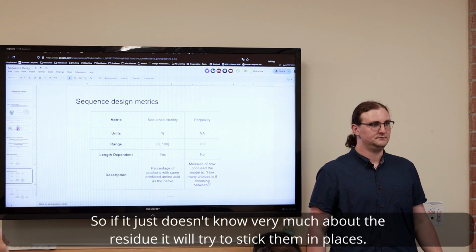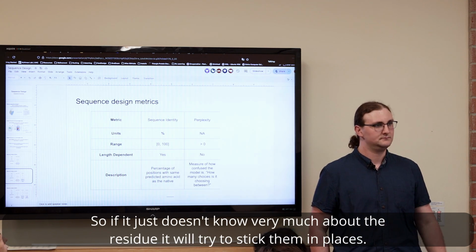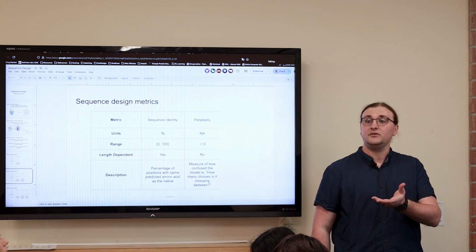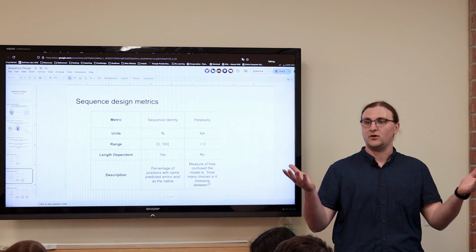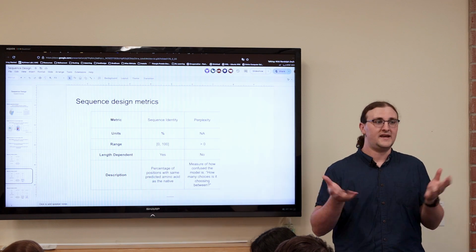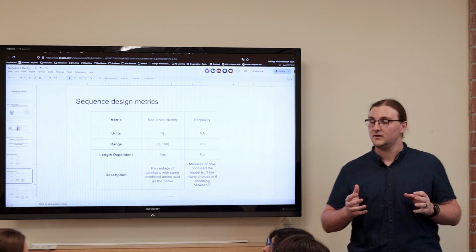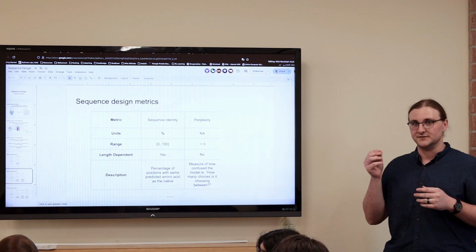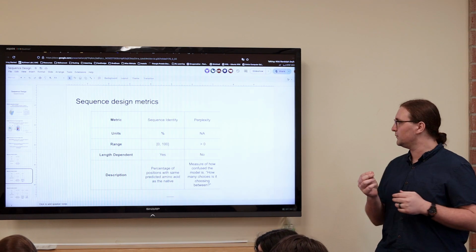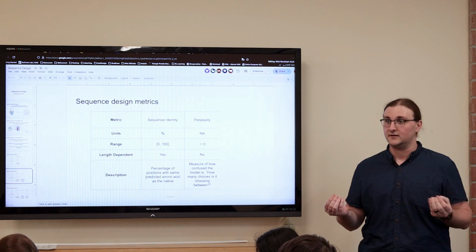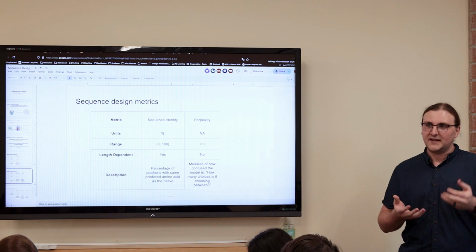Because you obviously don't want your perplexity too high, because if it's just making random choices, it has no idea. It hasn't really learned anything about the sequence-structure relationship. But if you have too precise a perplexity value, then maybe the model's just overfit to your training data. So there is a nice balance you want.